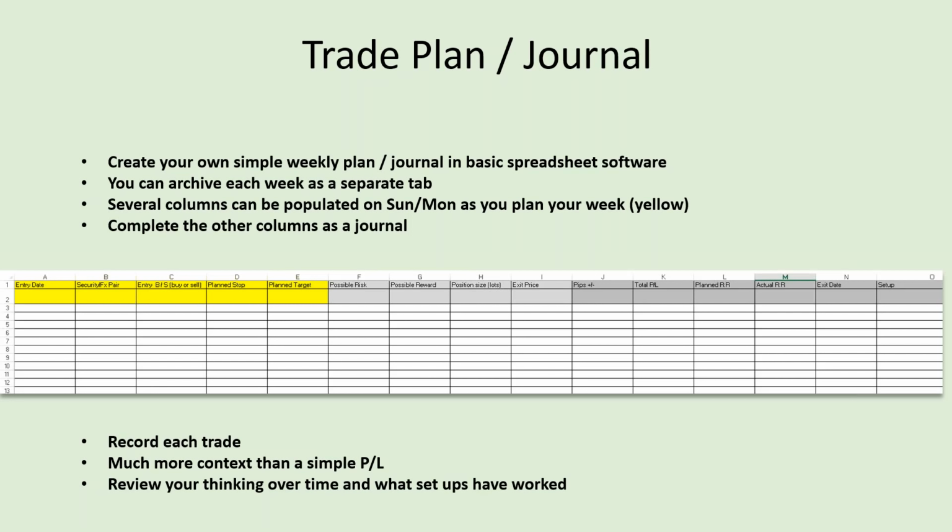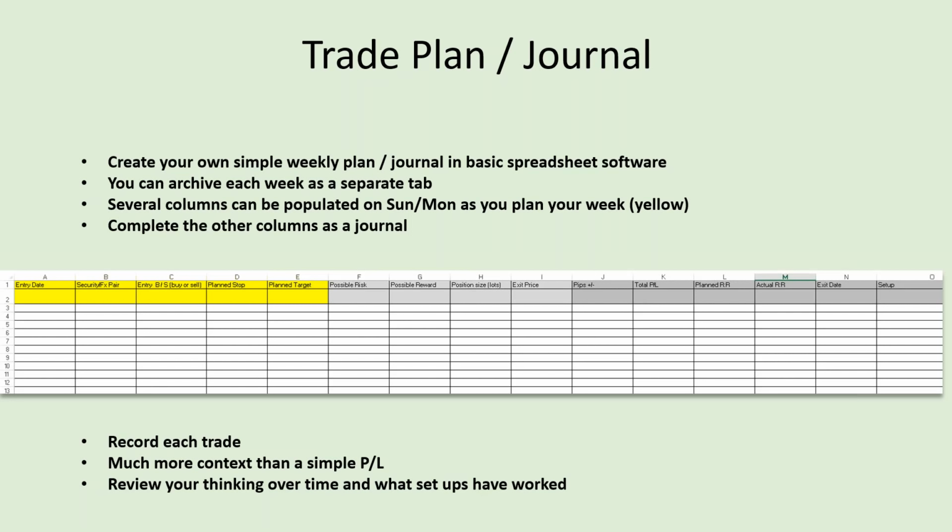So I'll always look at, obviously you want entry date, the FX pair, the market you're trading, your entry, your stop, your target. You'll want some way to establish that at the outset. That's why that's highlighted in yellow.